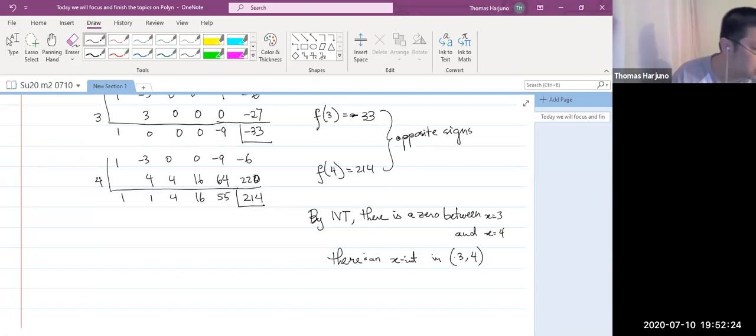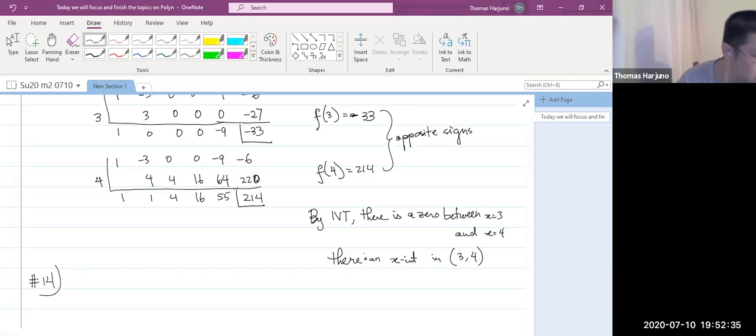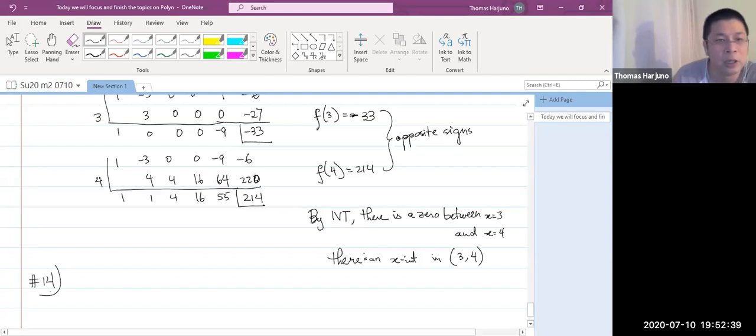Let's go on further. Number 14. The question is, use arrow notation, basically the limit notation, to describe the end behavior of the function. Let's do number 14 a, b and c only.